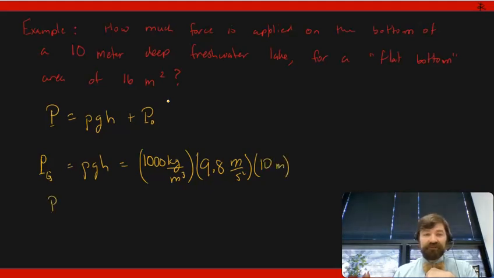And that means that my gauge pressure is basically 98,000 pascals. That's very close to 1 atmosphere. So a quick rule of thumb with fresh water: every 10 meters of depth that you add, you're adding roughly 1 more atmosphere.